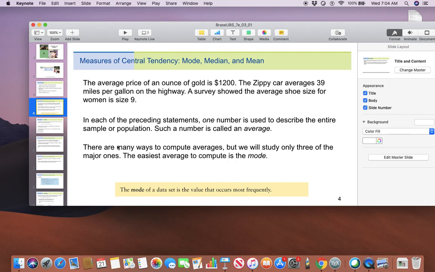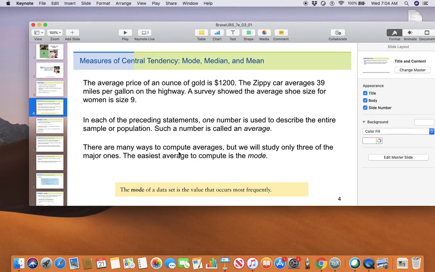Okay, that's an average. There are many ways to compute averages, but we will study only 3 of the major ones. So, the easiest average to compute is the mode. You see, when we think of average, we always say, hey, add all the numbers and divide by total number. That's not what they mean when they say average. They want to understand what is called central tendency. In other words, you have given me a whole bunch of, for example, shoe sizes.